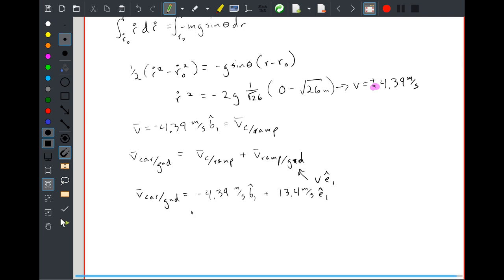One thing to note here, I'm mixing unit vectors, and there's no reason that we can't do that. They're unit vectors. They're only describing the direction of these scalar properties. So the car is moving negative 4 meters per second along the ramp, and the truck is moving 13.4 E1, which is along the ground. So this is an important thing to know, that you can mix and match unit vectors, and you can always substitute back in at the end.